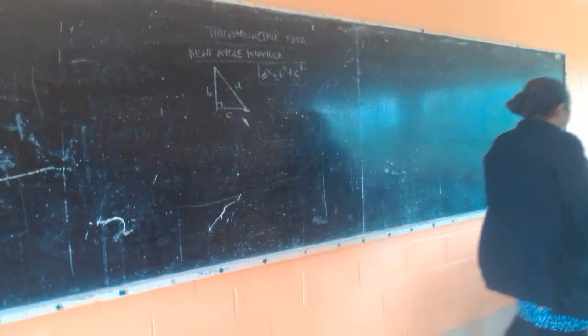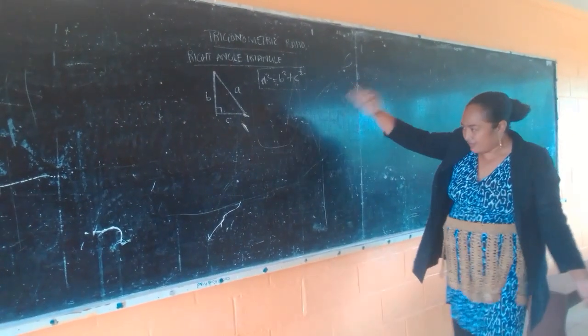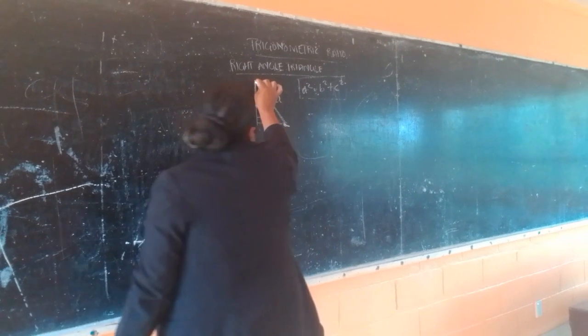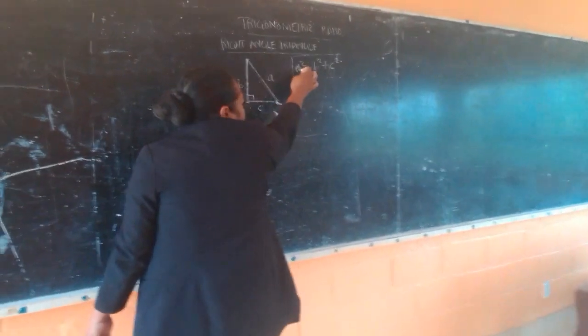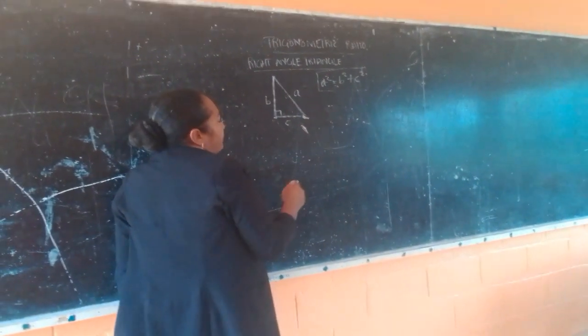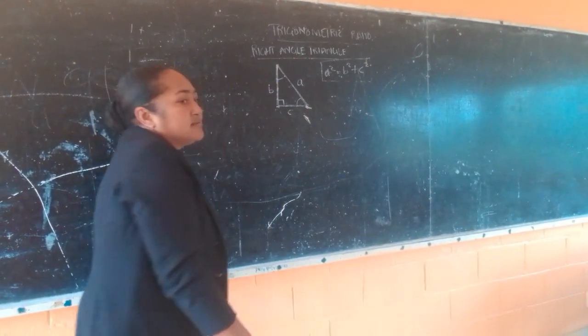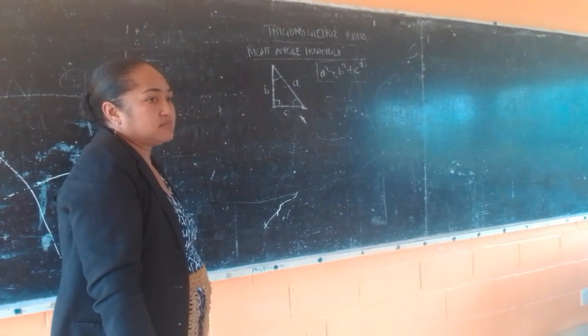Trigonometric ratio also deals with right angle triangle, finding an unknown side, the same thing as this. The only difference is it includes an angle inside the triangle. Okay?